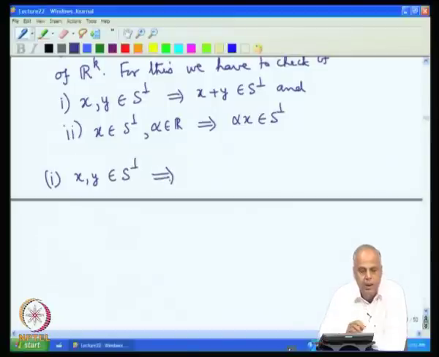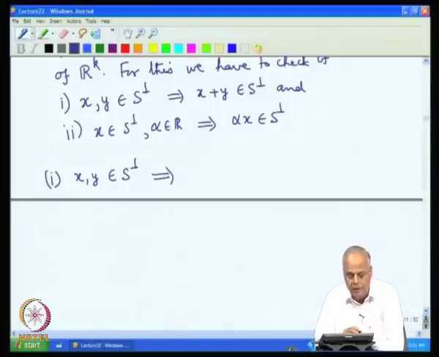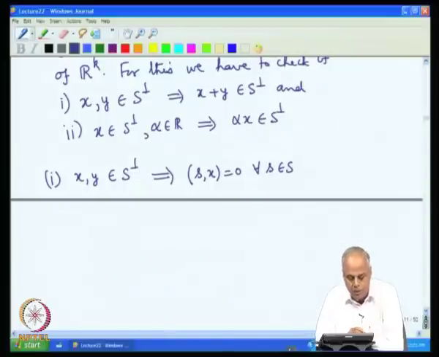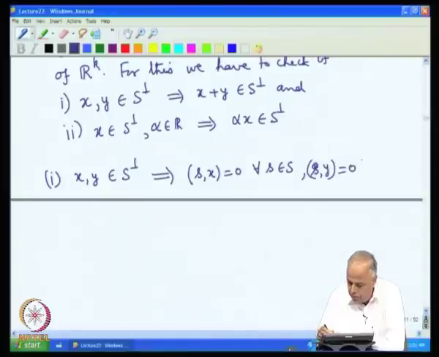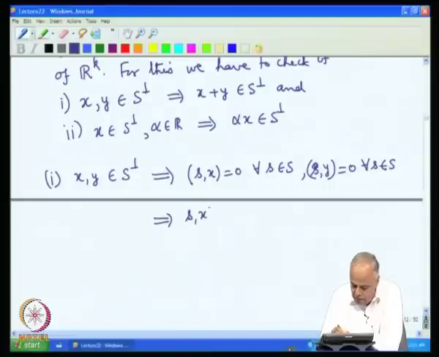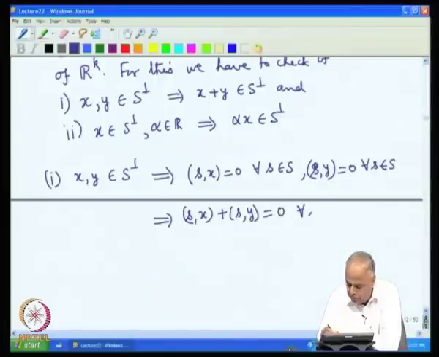What does that mean? x is in S perp, which means x is orthogonal to all the vectors in S. That means the inner product of s and x is equal to 0 for every s in S. Similarly, y is in S perp, so the inner product of s and y is equal to 0 for every s in S. Now, if we add, we get the inner product of s and x plus the inner product of s and y is 0 plus 0. So, it is 0 for every s in S.